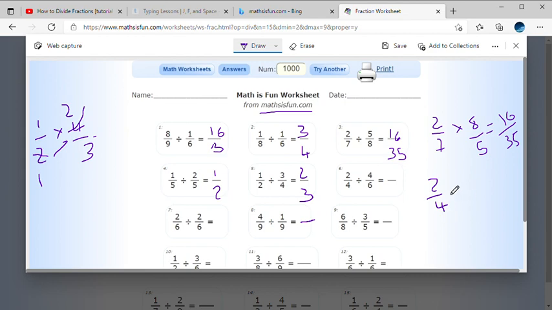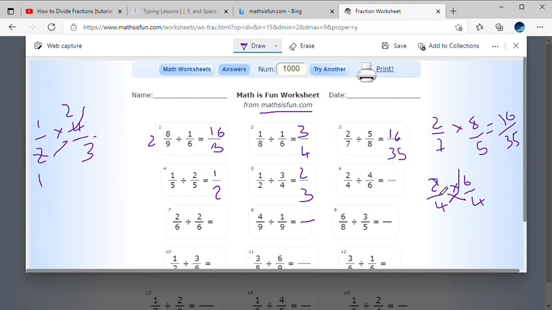We're going to change the sign to multiplication, so it will be 6 over 4. These fractions can also simplify.